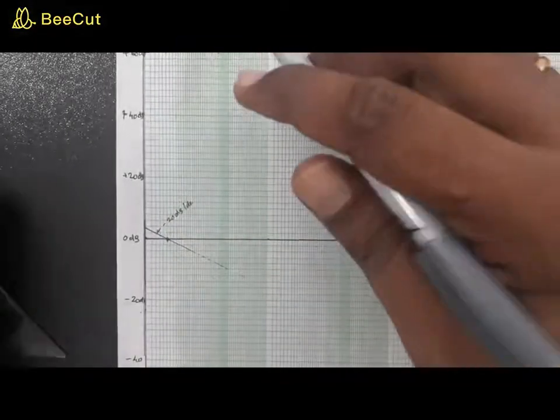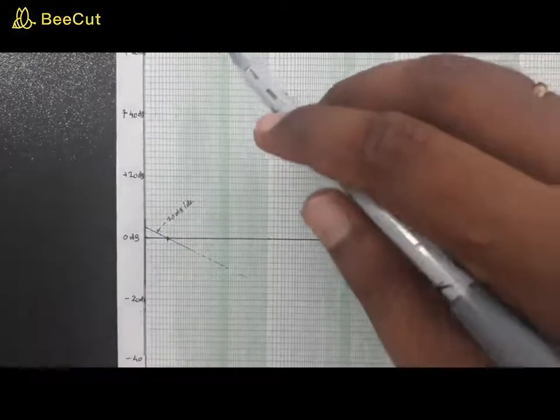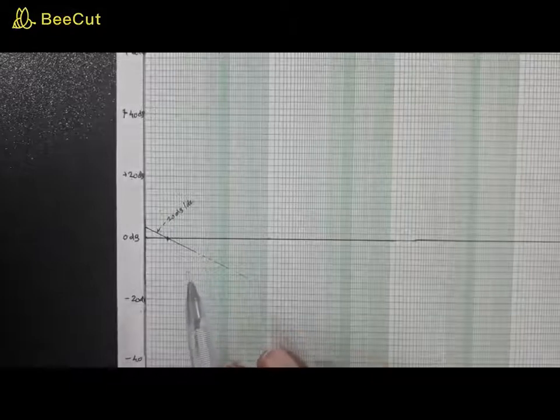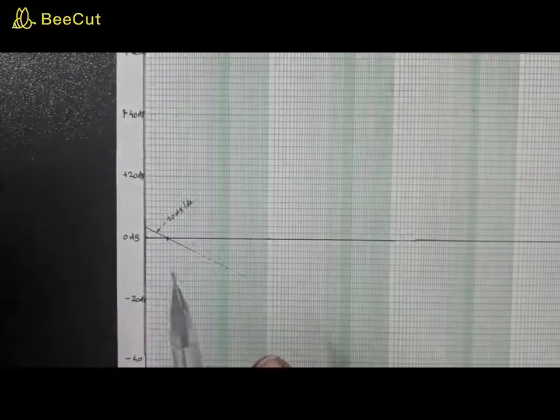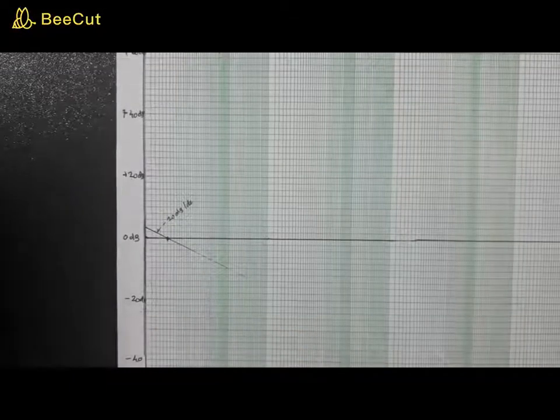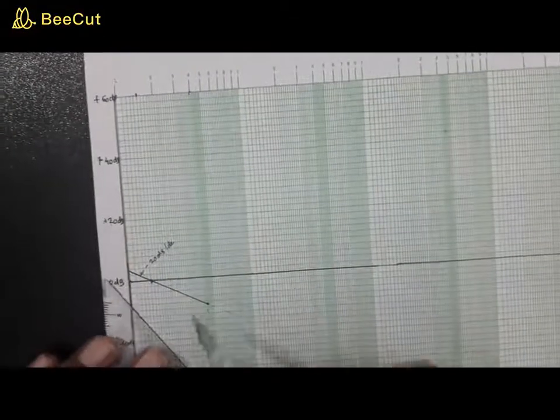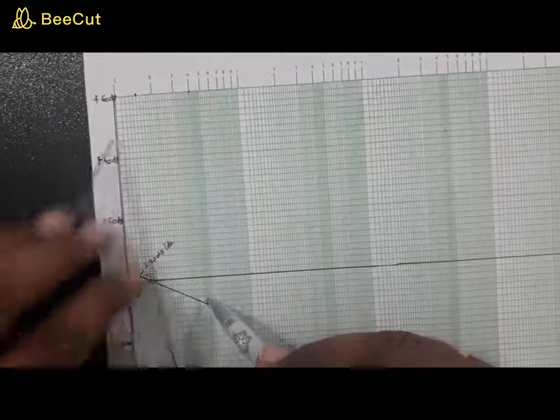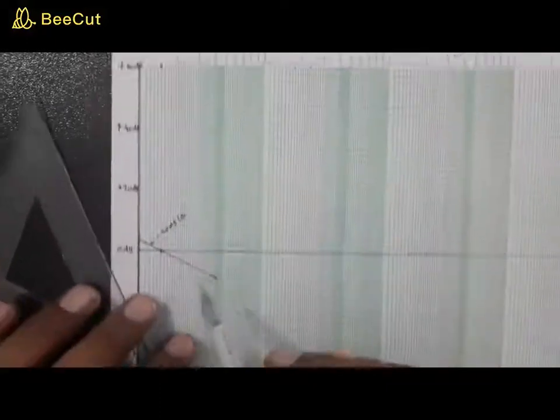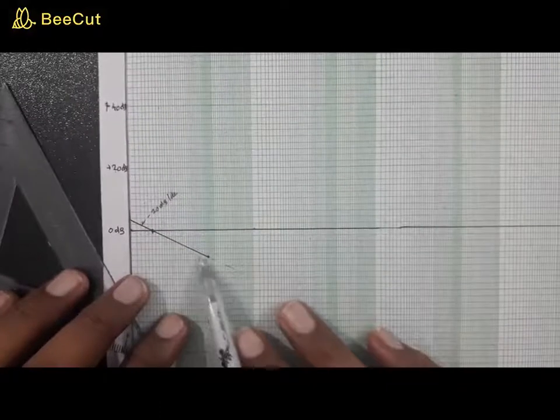So this is minus 20 dB, and it will go till the next corner frequency, which is 4 radians per second. You need to mark that point, and up to that you will have minus 20 dB, and after that you will have the effect of the second order term. Up to this 4 radians per second you should darken this line.